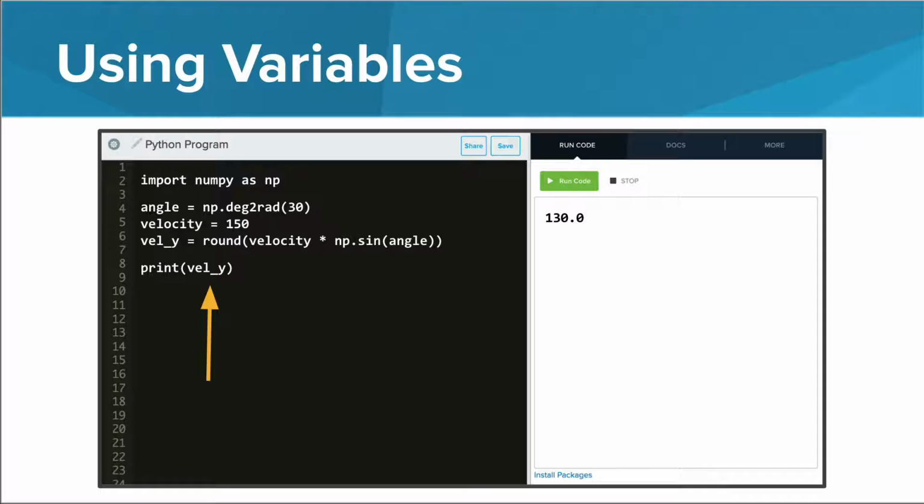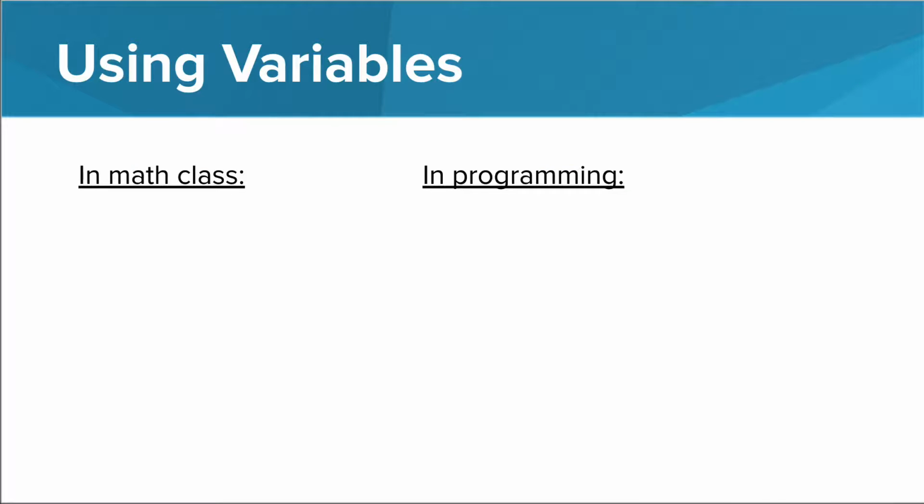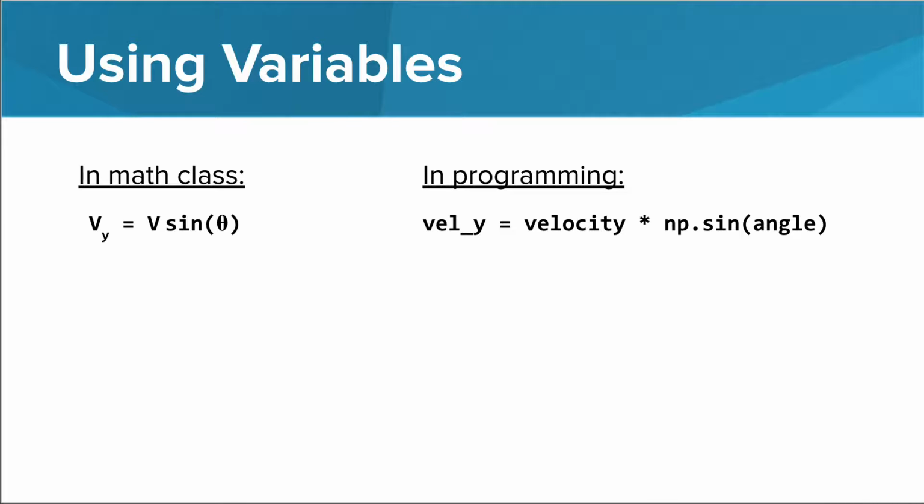And let's be clear, while you will see something like Vy equals V sine theta in math class, we're doing the same thing in programming, with velocity y, or vel_y, equals velocity times np.sin(angle). We're just using more descriptive names. We can always just use letters in Python as well, but that's usually not as effective.